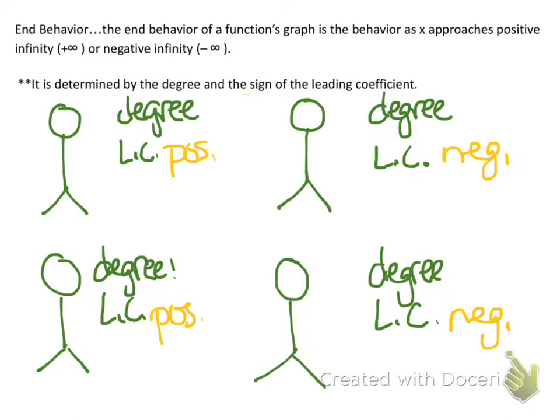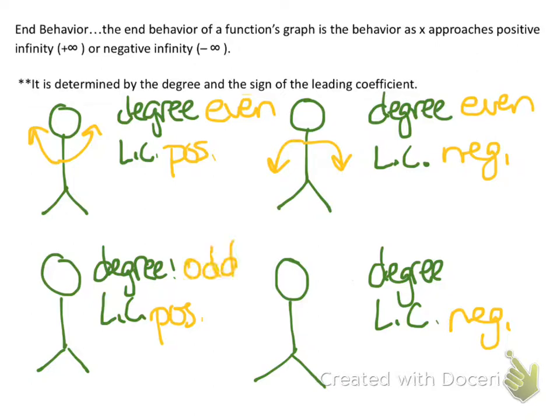If the degree is even, both arms are going up. Our right arm is what the right end of the graph is doing. If it's even and negative, then the right end is going to go down, and the left end is also going to go down, because if it's even degree, then both ends of the graph are going to match.